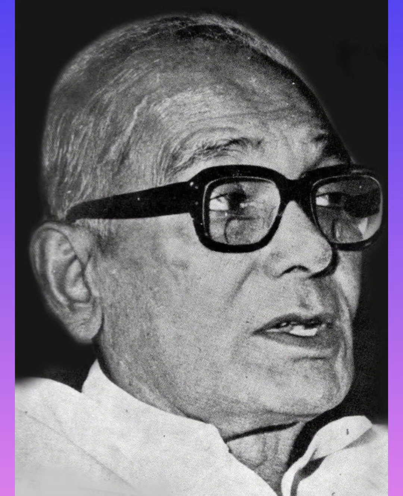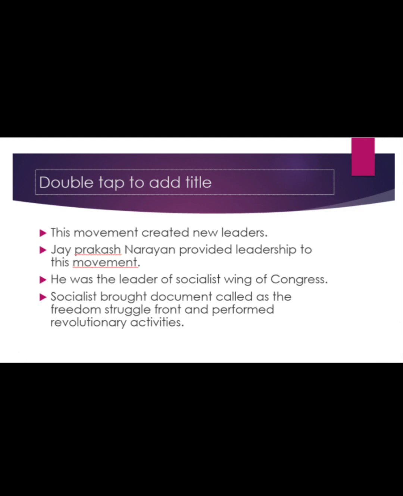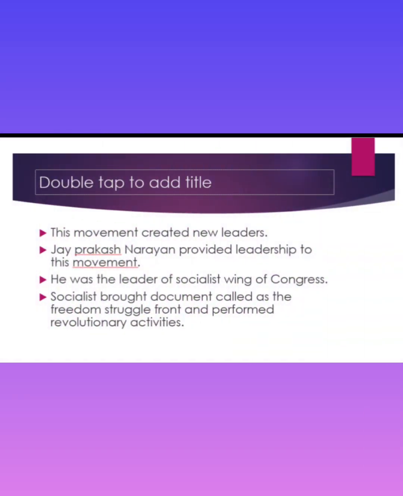Jayaprakash Narayan provided leadership to this movement. He was the leader of the socialist wing of Congress. He, along with his supporters, engaged in revolutionary works. They collected money. The people provided hope to India in its difficult time.